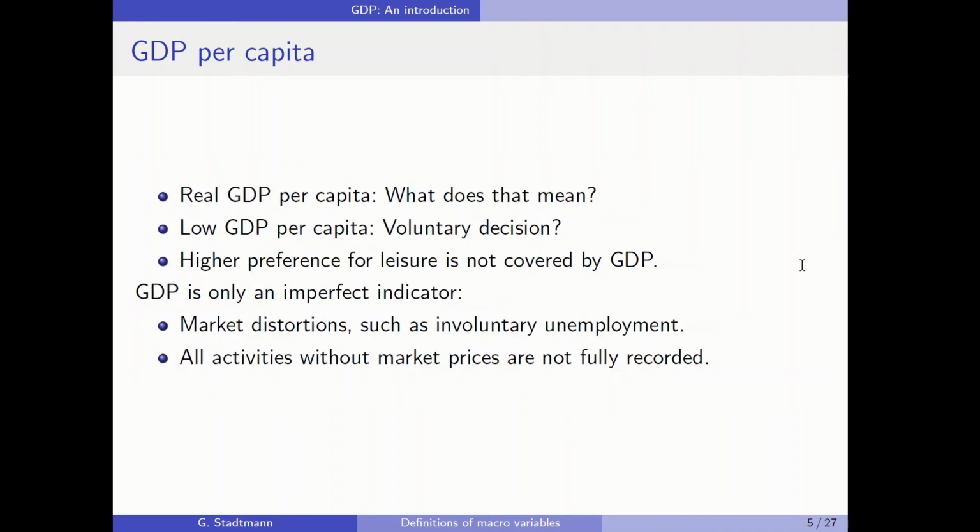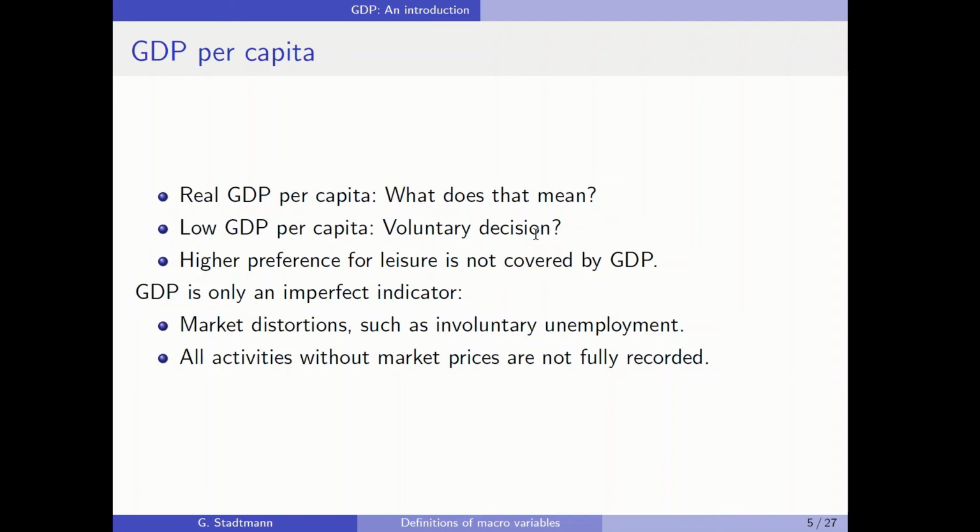Hence, GDP per capita, what does it mean at all? Is it a voluntary decision to have a low GDP per capita, for example in Germany? Maybe the Germans have higher preferences for leisure compared to consumption. So maybe GDP per capita is not telling the full story when it comes to the well-being of a society.